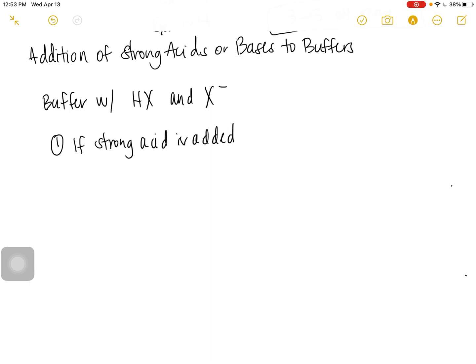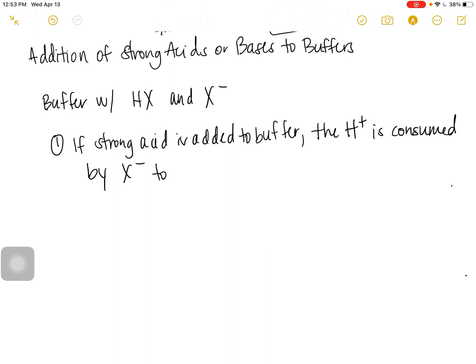So if a strong acid is added to this buffer system, then what's going to happen, remember, of course, strong acid is going to give you H+ and a non-basic anion, right? So if a strong acid is added to the buffer, we have too much H+, right? So the H+ from the strong acid is consumed by the X minus ion to produce more HX.